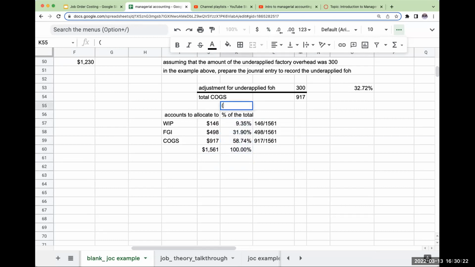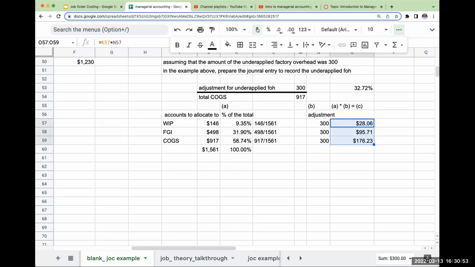I'm going to take the percentage of the total and multiply that by my adjustment, which is 300. When I multiply the percentage of the total by the 300, I get my allocation. Over here, this is 9.35% times 300, 95, and then 176.